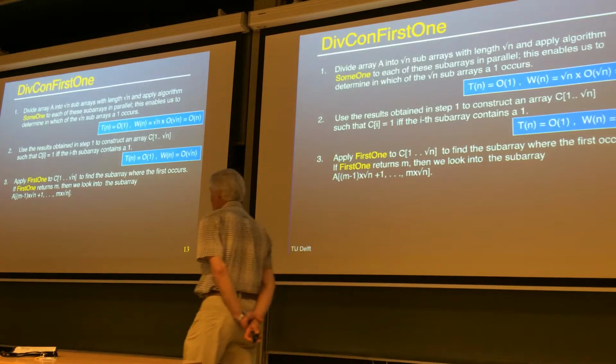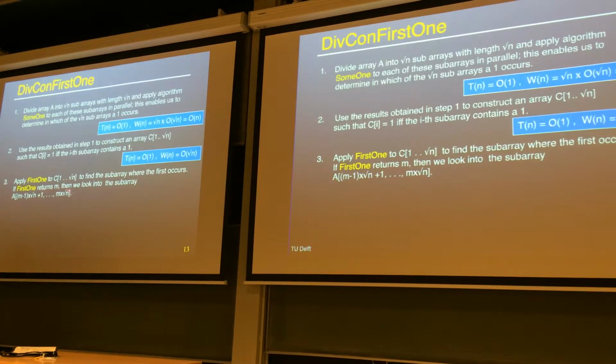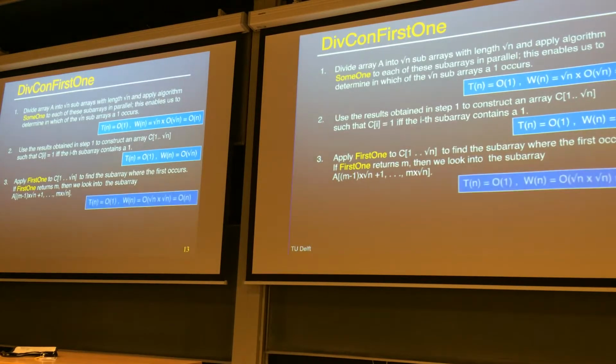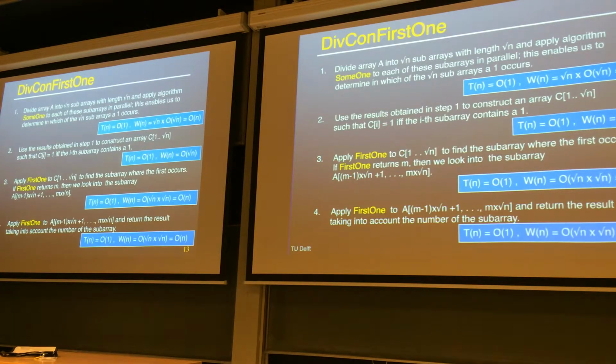Okay, so this is the subarray we have to investigate that will contain the first one. The only thing we don't know is where in this subarray the first one will occur. But happily, we can apply first one to that array and return the result. And now first one, of course, investigating again an array of size square root of n, will return you this first position in constant time, with an amount of work O(square root of n) times O(square root of n), and that's O(n).